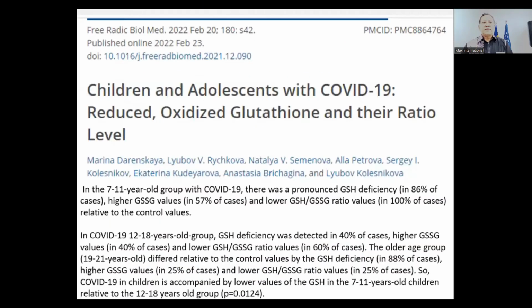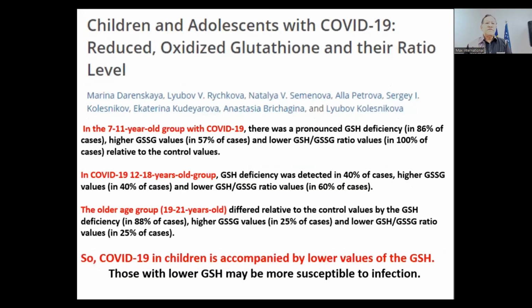What about COVID-19? Children and adolescents with COVID-19 had reduced and oxidized glutathione and their ratios. And this is what they found. In 7 to 11-year-olds with COVID-19, there was a pronounced glutathione deficiency in 86% of cases, with higher oxidized glutathione values and a lower reduced to oxidized glutathione ratio.